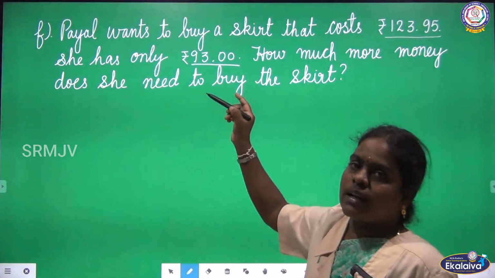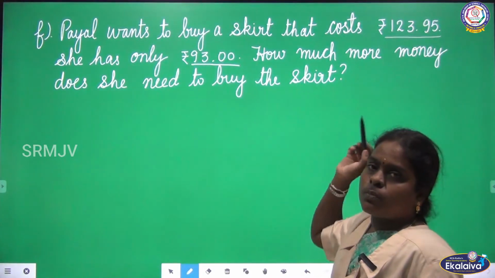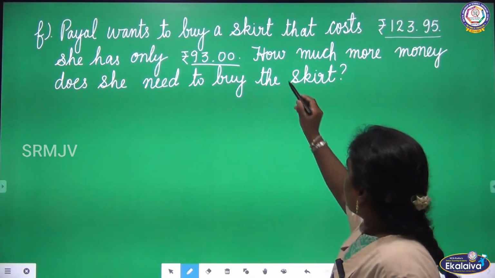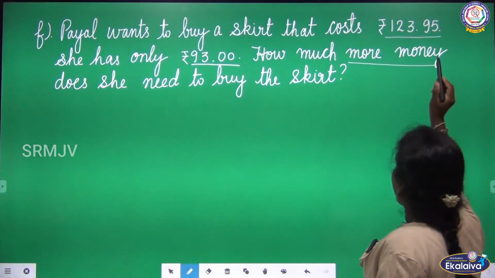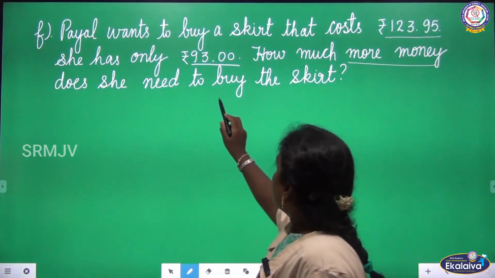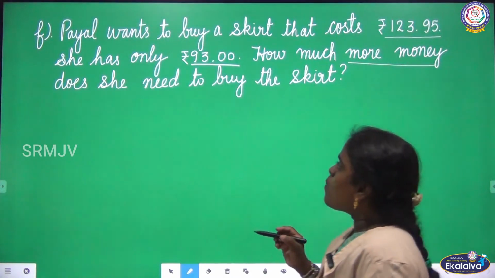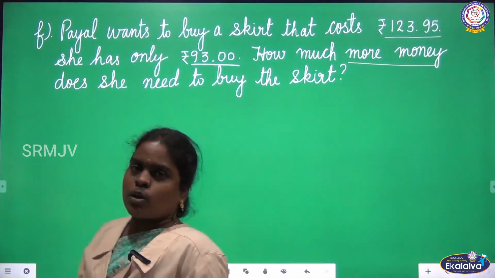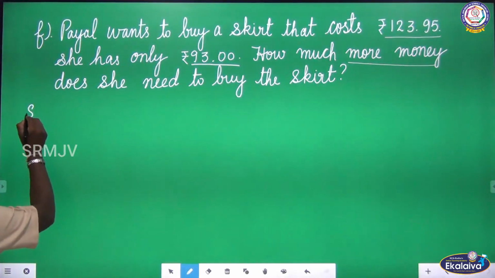Listen, she has only 93 rupees instead of 123 rupees and 95 paise. How much more money does she need to buy the skirt? So here we are going to find out how much money she needed to buy the skirt.